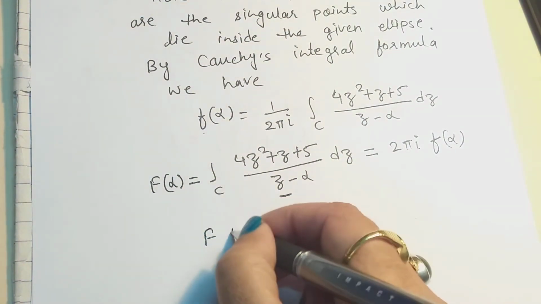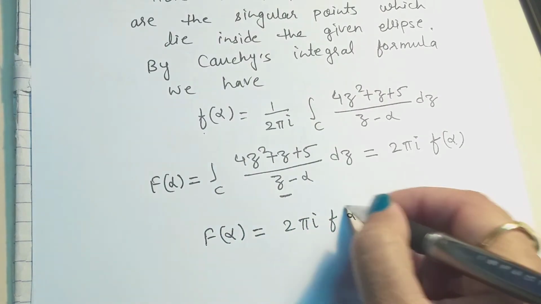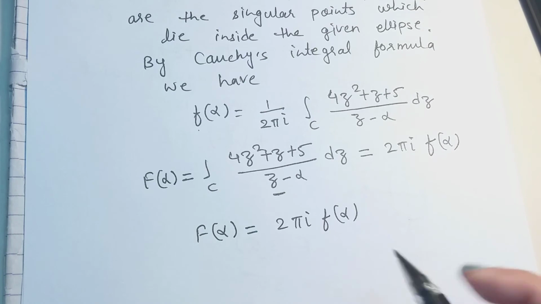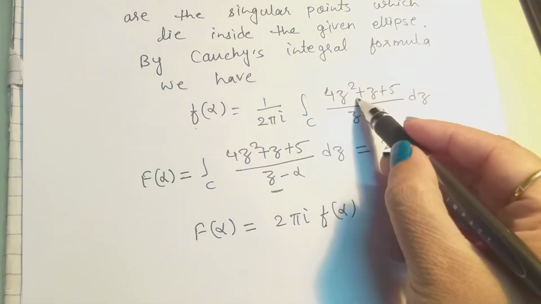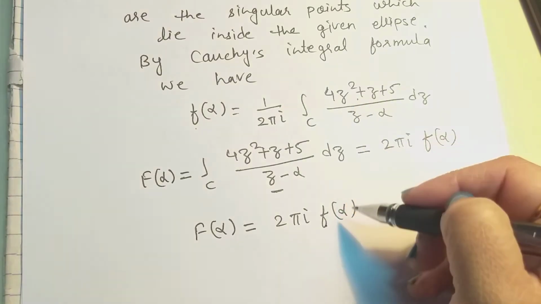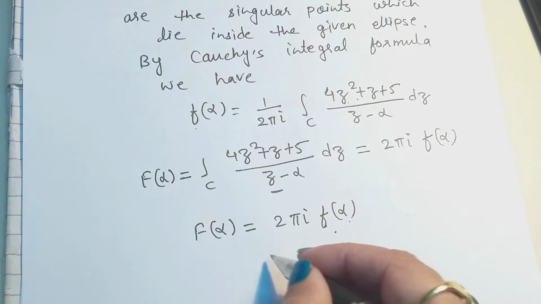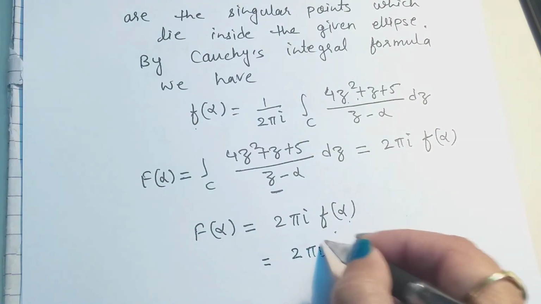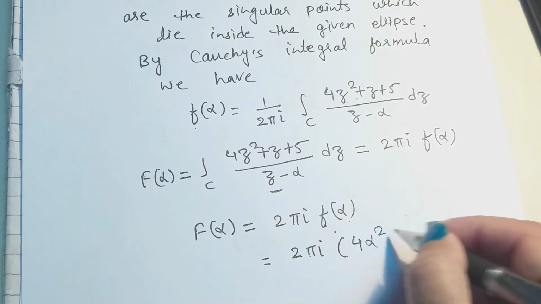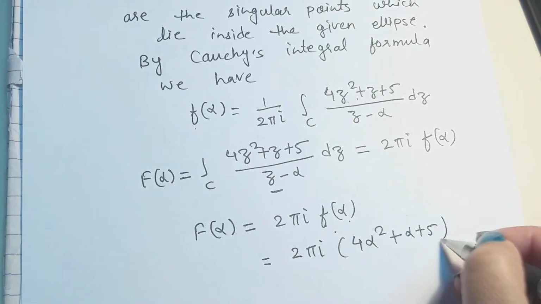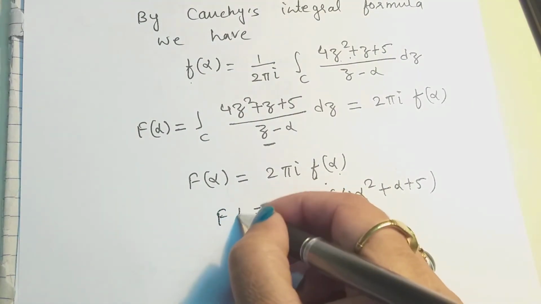So we can say capital F(α) is equal to 2πι small f(α). And how do we get the value of this small f(α)? It is our f(z). So we put α in place of z and we get F(α) equal to 2πι(4α² + α + 5).